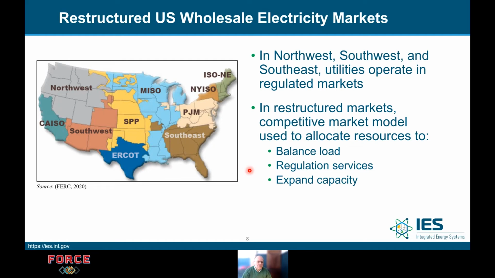But the important feature about that for our purposes is that the functions of balancing load, of regulating frequency, and of expanding capacity that formerly was accomplished from the purview of a single entity looking over the entire supply chain, now we have market forces that are governing all of these different components in these deregulated markets.